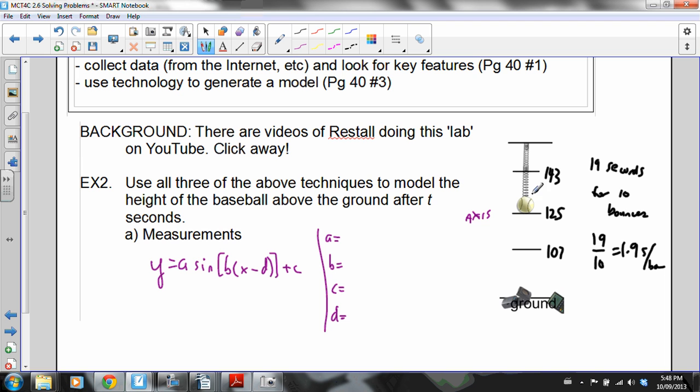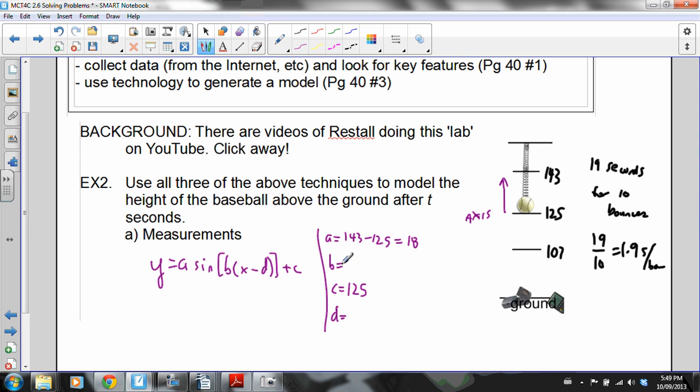When it's bouncing back and forth like this, it's 125 centimeters above the ground on average. So the axis is 125, and in fact that's the C value. But then the amplitude is this distance: 143 subtract 125, which is about 18 centimeters.